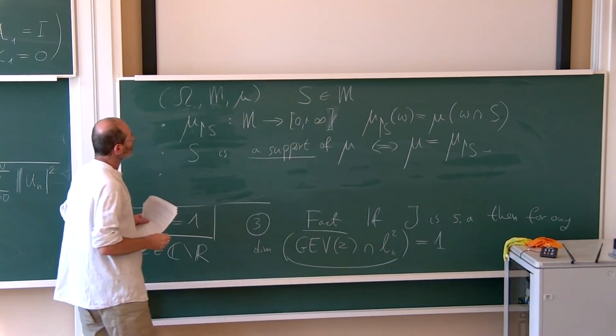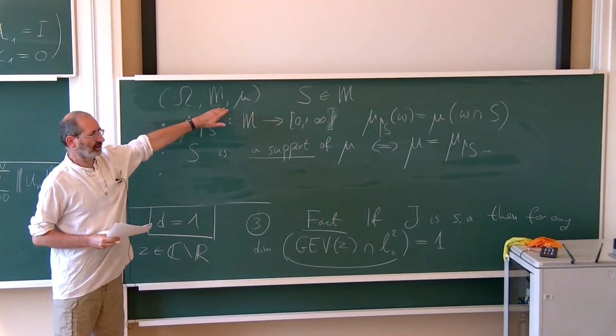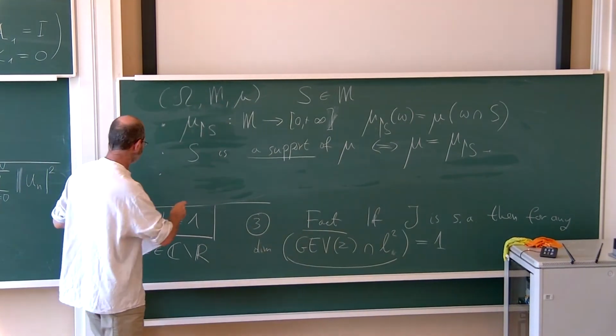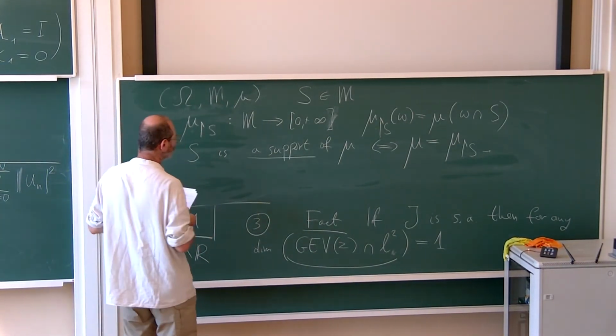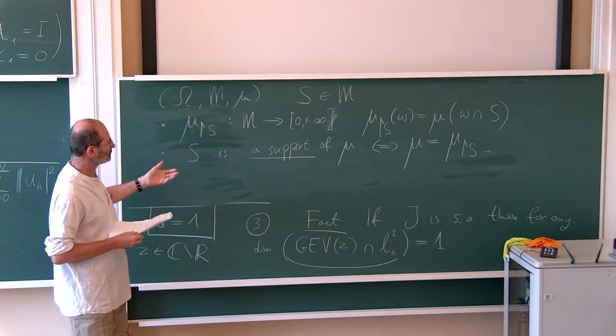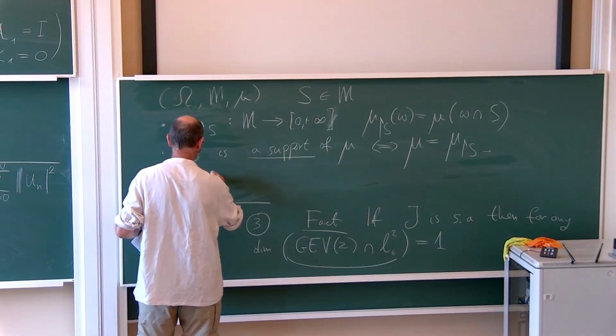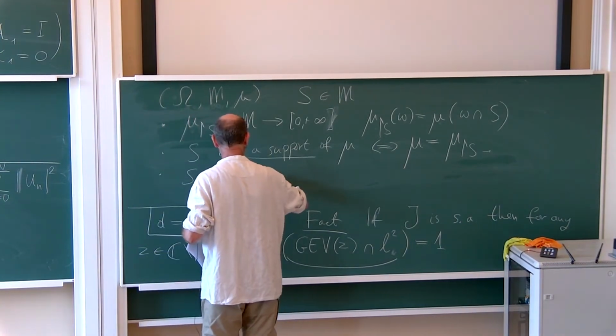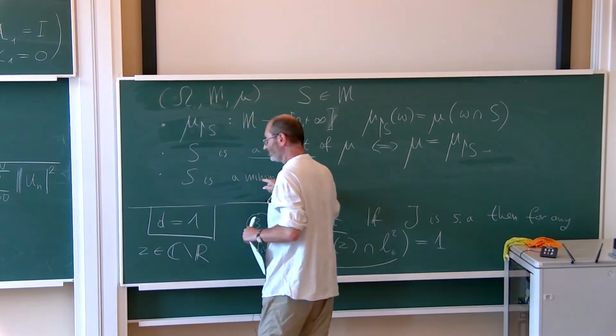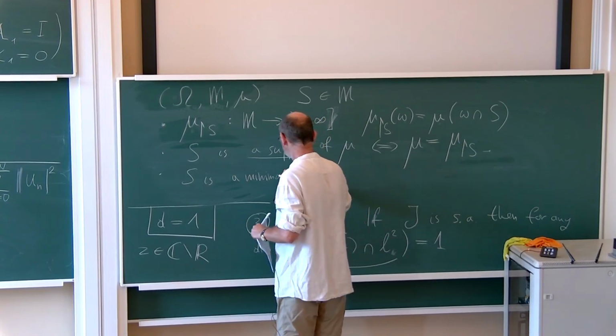And now, when we have another measure here, we can define something which is called a minimal support. It's also not unique usually.